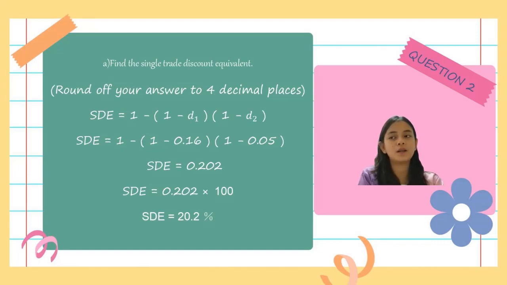STE equals 1 minus open bracket 1 minus 0.60 close bracket open bracket 1 minus 0.05 close bracket. The answer is 0.202. 0.202 multiplied by 100 and the answer is 20.2%.